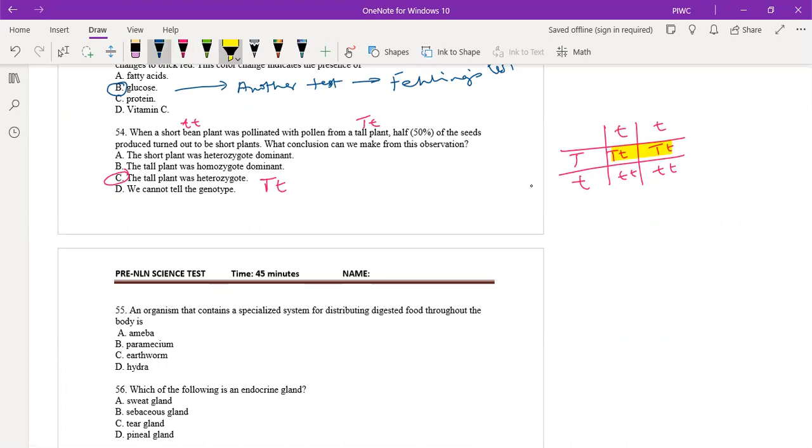Okay, so it's 2 out of 4, and then another 2 out of 4. Yeah, so these are tall and short, 50-50, half. Okay.